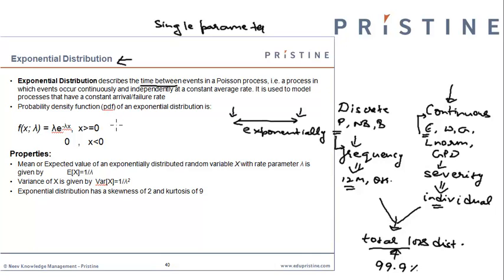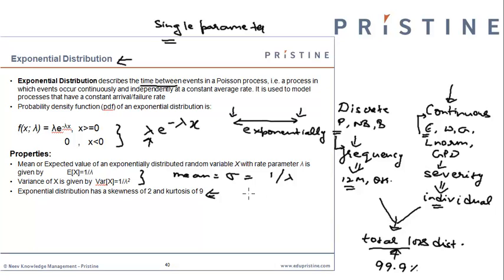The PDF is lambda e to the power minus lambda x, where lambda is the single parameter which is used to define exponential distribution. In case of exponential distribution, mean is equal to standard deviation is equal to 1 by lambda. Also, the distribution has a constant shape. That is, the exponential distribution cannot assume different shape to fit different type of data set.